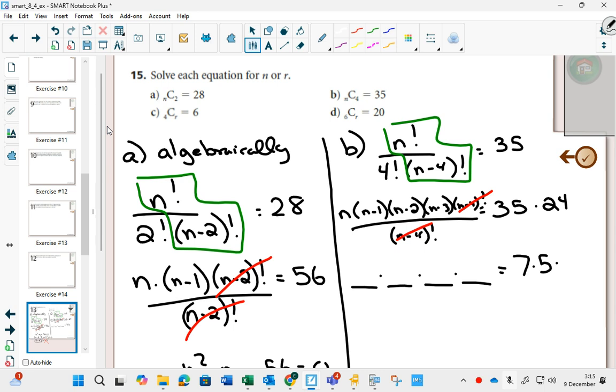Now, you could do 12 and 2, 8 and 3, or 6 and 4. But my strategy that I noticed on this side is they should all be consecutive. So how should I break up 24? 6 and 4. Because then I could think, hey, this is the same as 7 times 6 times 5 times 4. And this was n, so n has to be the 7.